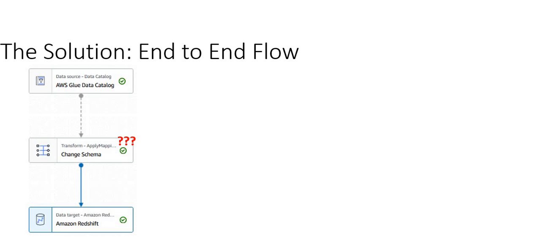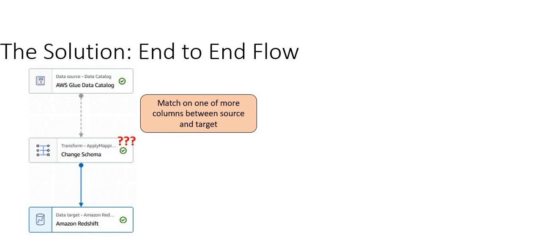But you need change schema if you're going for the first option, where you're saying match on source and target columns, because in this case it expects that your source schema and your target schema are the same.